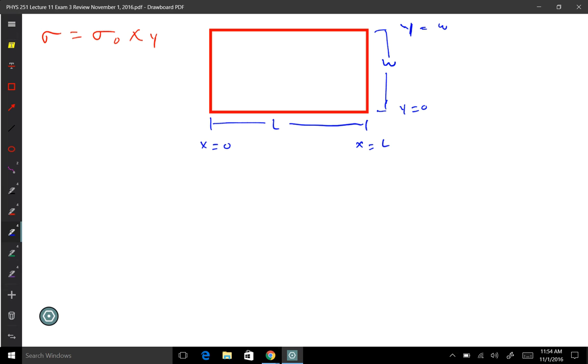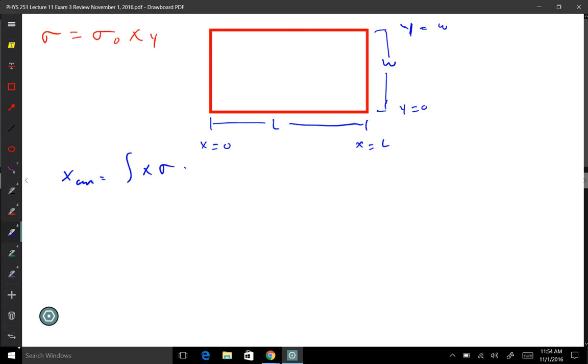Now in this case, the center of mass is going to have 2 components, the x component and the y component. My x center of mass is equal to the integral of x times sigma dA over the integral of sigma dA.